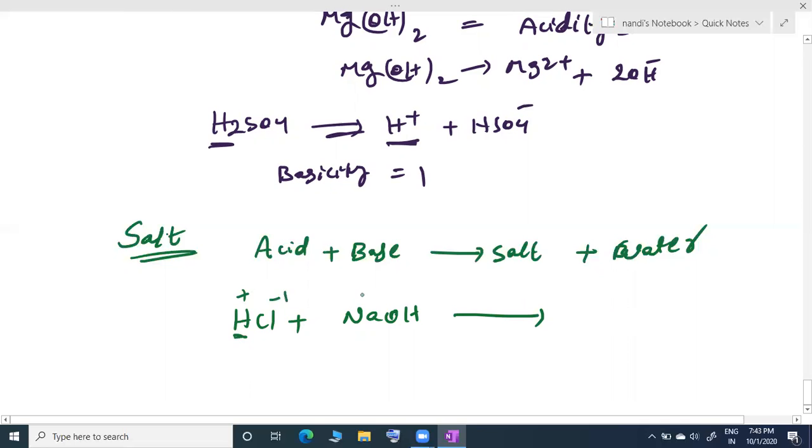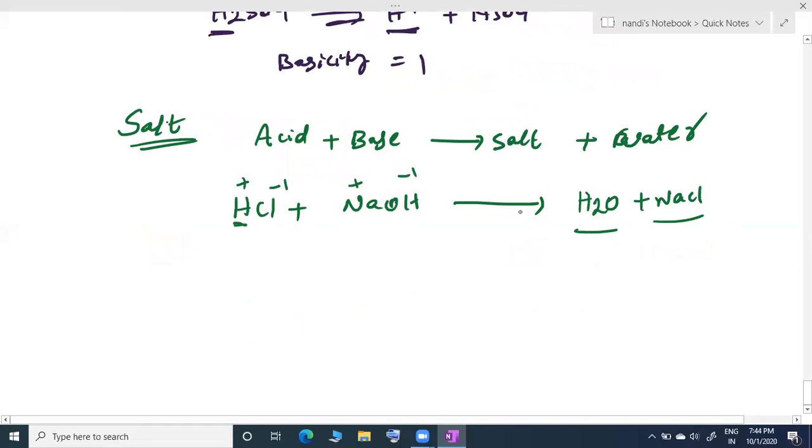This is minus 1, this is positive, this is minus 1. Just exchange these things, plus and minus we can exchange, right? But you can apply the crisscross method to write it. Clear? H plus and OH minus can react with each other and we will get H2O. Na plus and Cl minus can react with each other and we will get NaCl. Got it? Now this is water, this is salt.